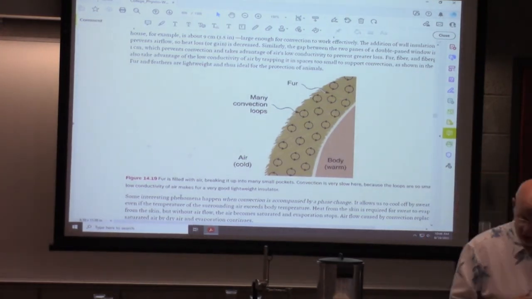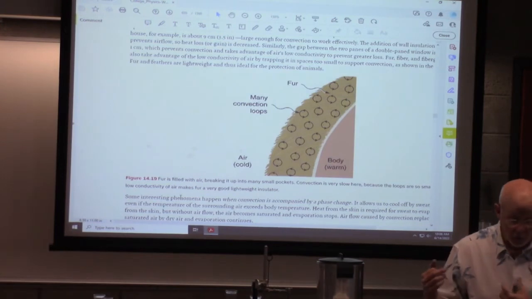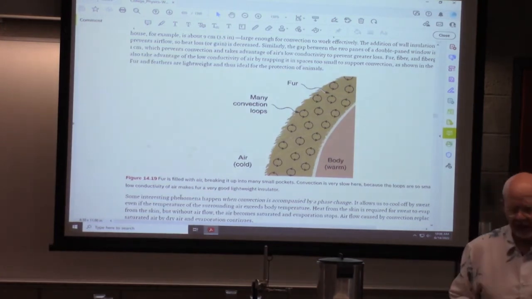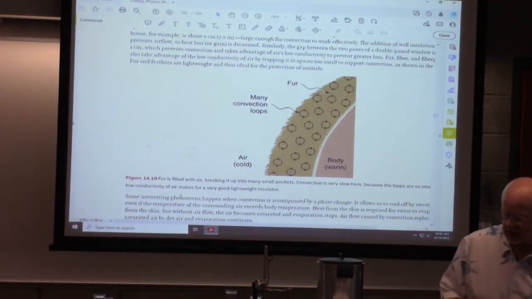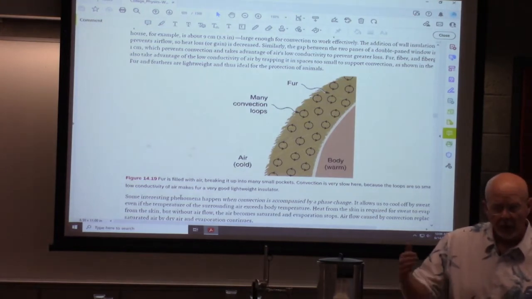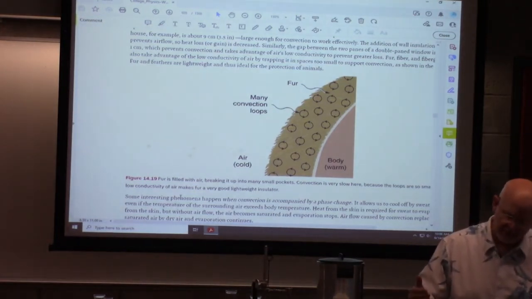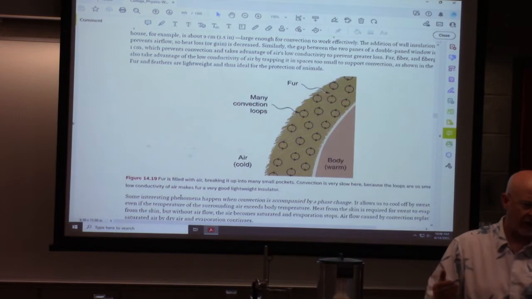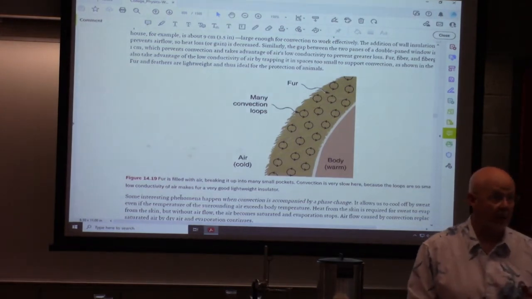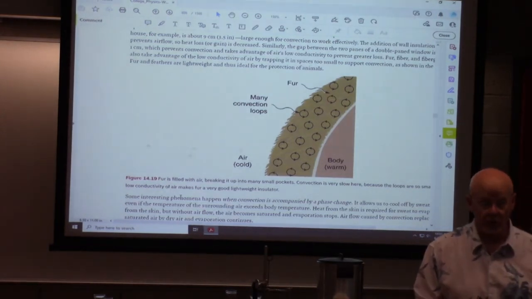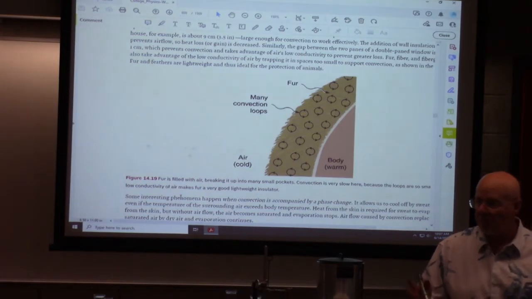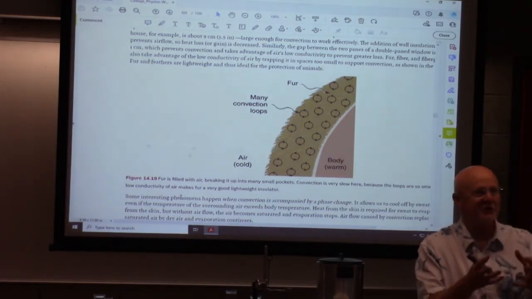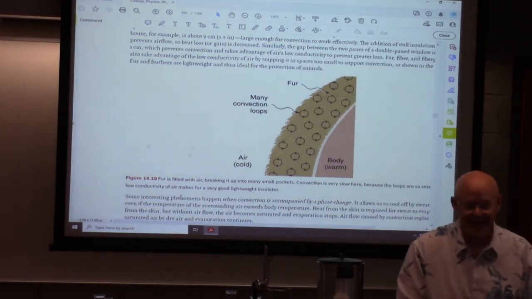I mean, if you've ever stood next to something that is warm, you can feel it, and maybe you'll feel the radiation. That's our next discussion. But the molecules themselves bumping one to another is really at a slow rate. So air works really good. Puffy jackets are puffy because most of it is air.